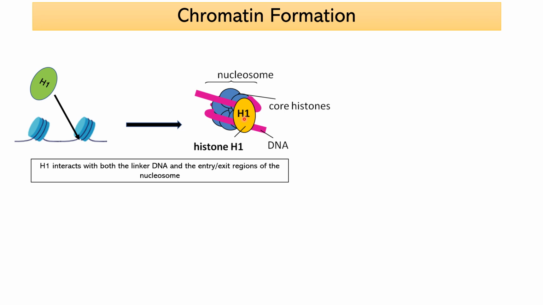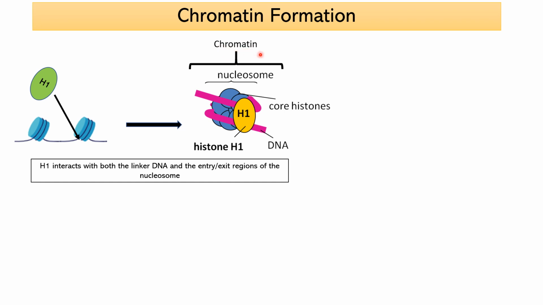Histone 1 will interact with the linker DNA, which is the DNA found in between the nucleosomes, and with the exit and entry regions of the nucleosome. So in total, the core histones with histone 1 and wrapped DNA are all called a chromatin.